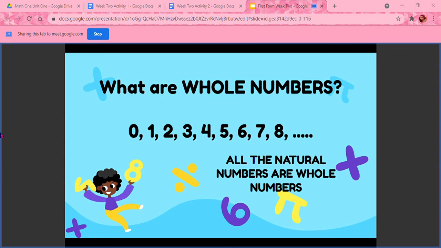The set of whole numbers has all the natural numbers, but there is one more number added to this set. What is that number? Zero. 0. Very good. And I saw it in the chat as well. 0 is the only whole number that is not a natural number.